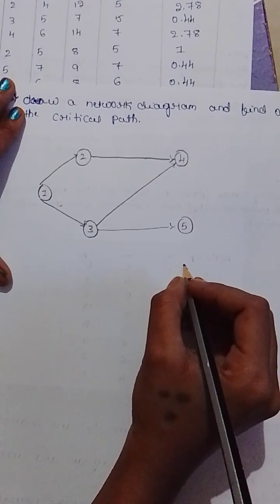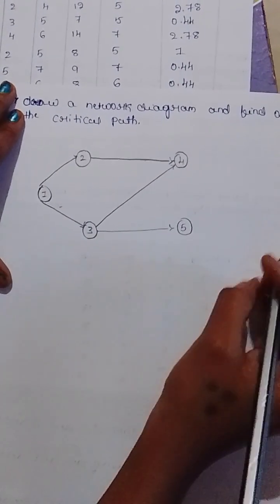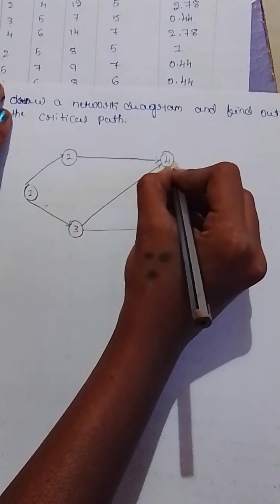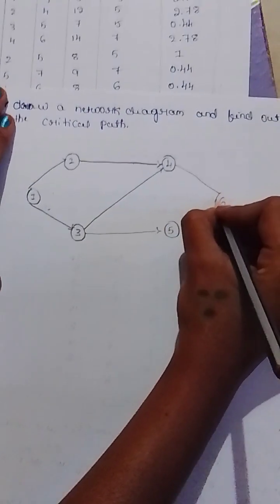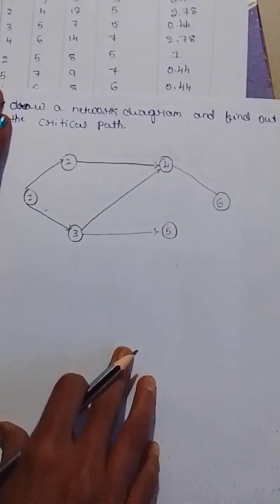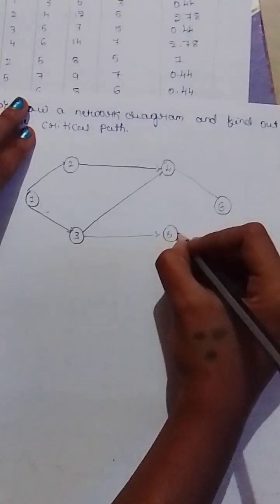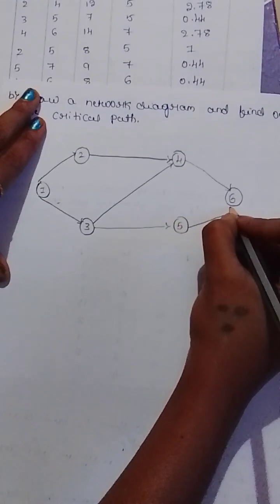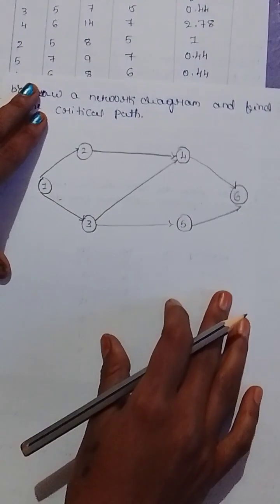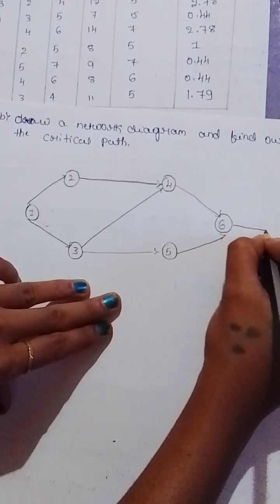Next activity is 4 to 6. 4 to 6. Next activity is 5 to 6. And next activity is 6 to 7.